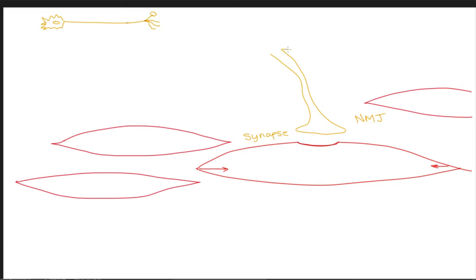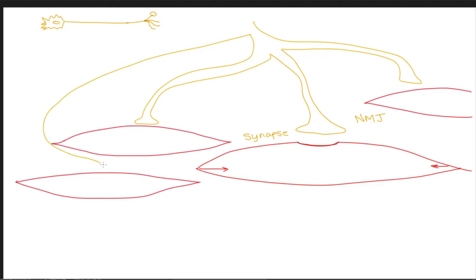And we also have a bunch of terminal ends. So you can see in the case of this neuron, we have 1, 2, 3, 4 terminal ends and 1, 2, 3, 4 muscle fibers.